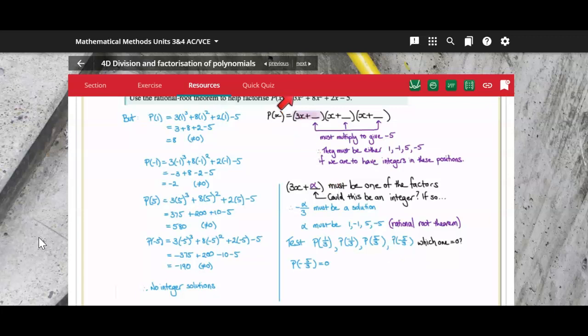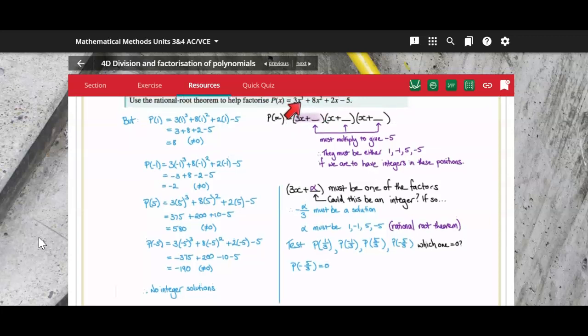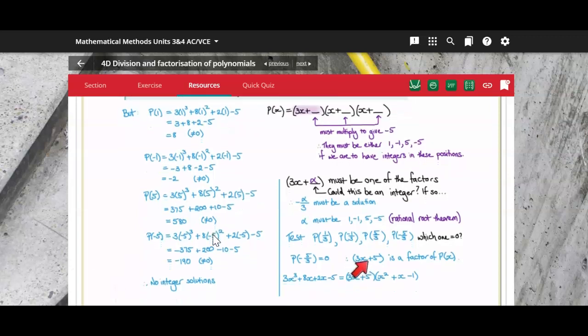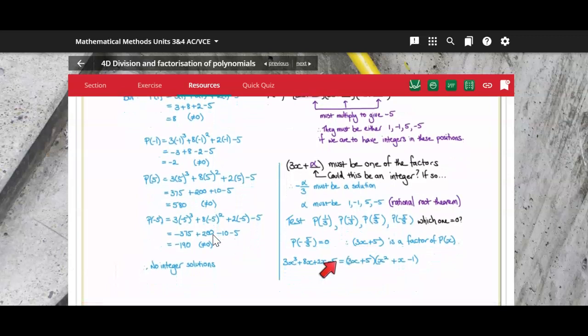So what that means is we've subbed -5 on 3 into each of those values of x there, and then p of x will be equal to 0, which means that 3x plus 5 must be a factor of p of x. So if we know that this is a factor, what we can do is use long division or otherwise to factorize this cubic on the left-hand side, and that gives us this linear factor out the front and this quadratic on the right-hand side there.